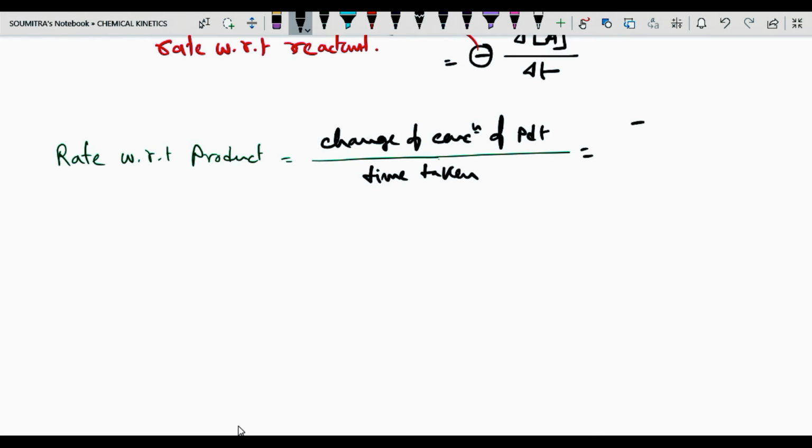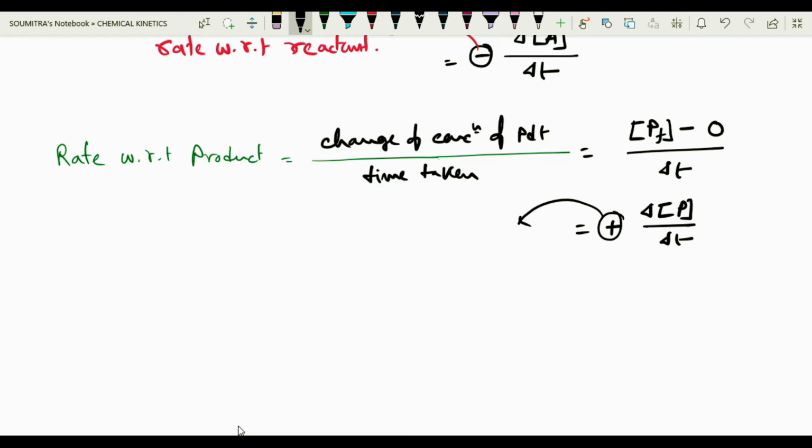As initially the concentration of product was 0, we will get a positive sign. Remember, for product the rate is given with a positive sign, and for reactant it will be a negative sign.